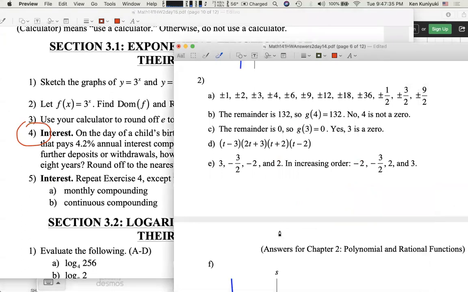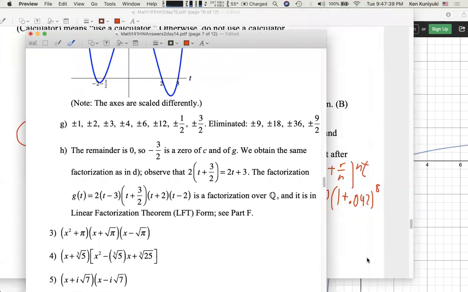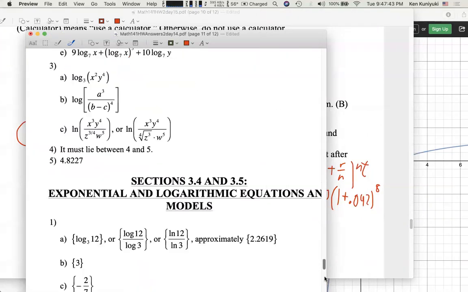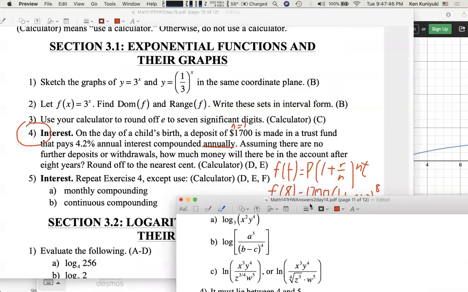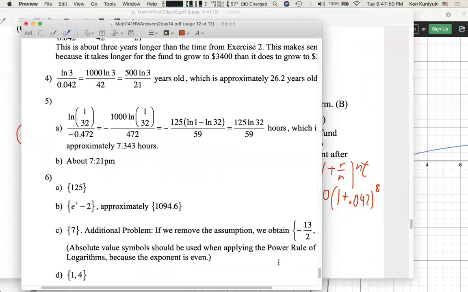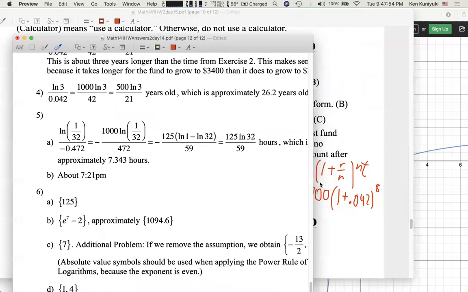Do I have the setup here? Oh, it's 3-1. It's 3-1.